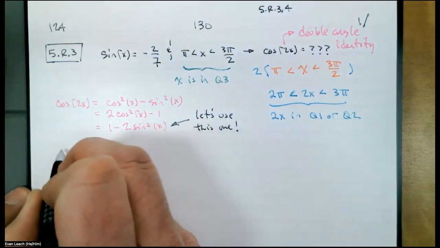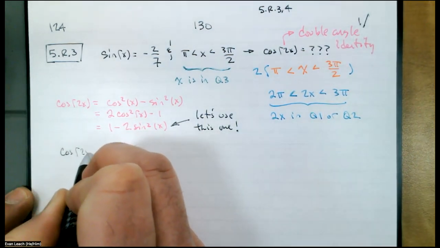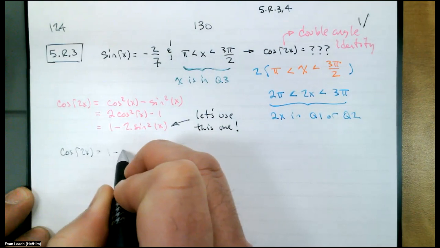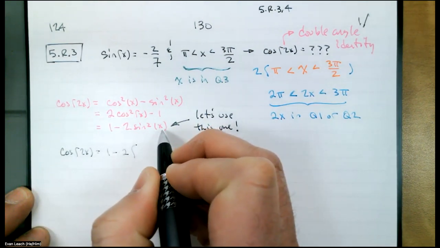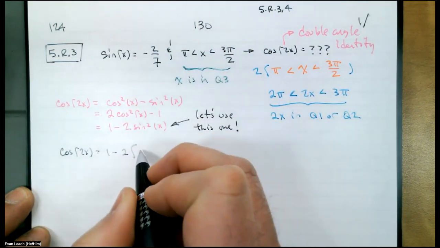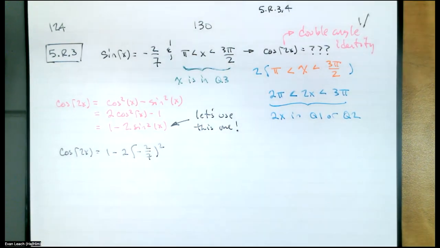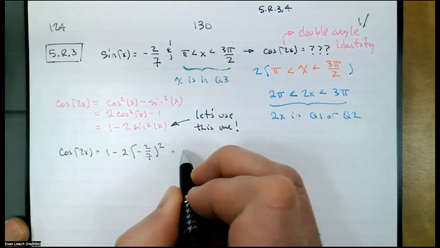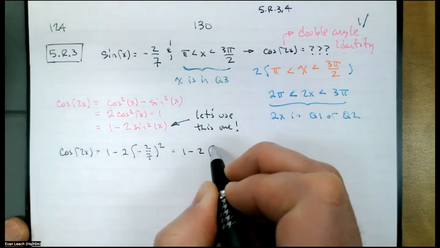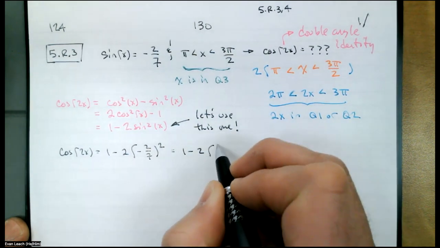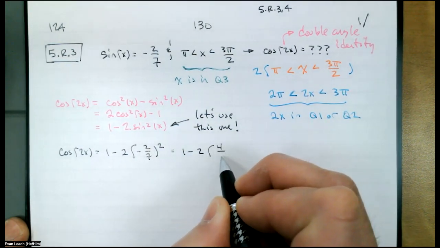So the cosine of 2x will be 1 minus 2 times the sine of x squared. So negative 2/7 squared. Negative 2/7 squared is 4 over 49.